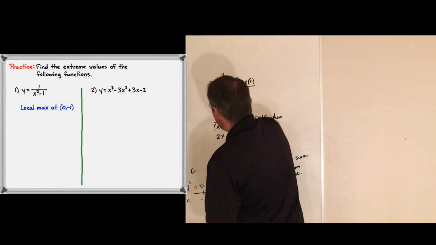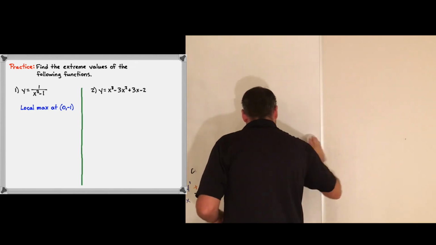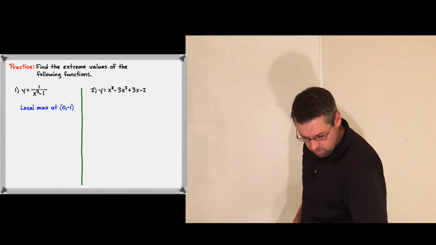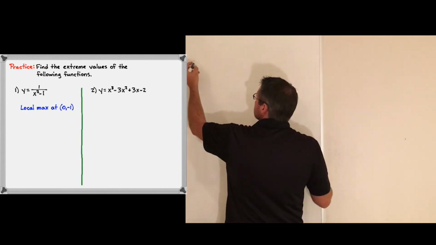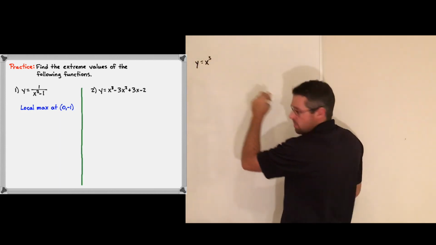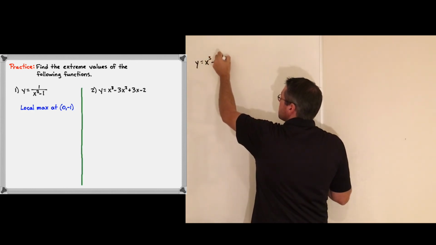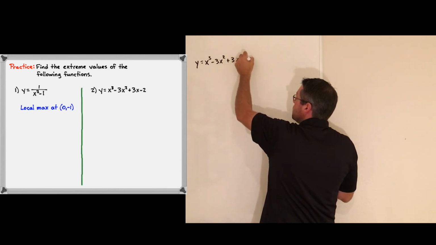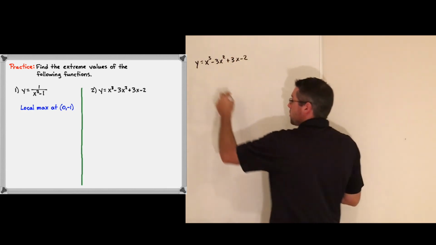For the second problem, we have a polynomial. So we have y equals x cubed minus 3x squared plus 3x minus 2. Well, we've got to find critical points, so we're going to take the derivative.